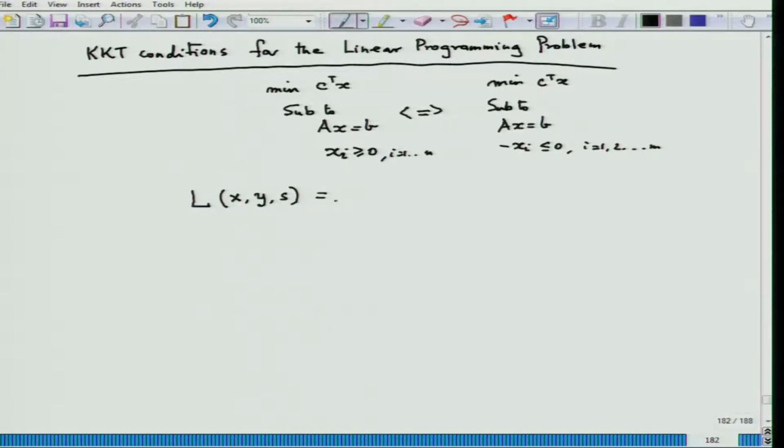So, let me just write it down: c x plus y into (b minus A x), plus s_1 into minus x_1, up to s_n into minus x_n. I think that is a better way to write it, the way we had written earlier.